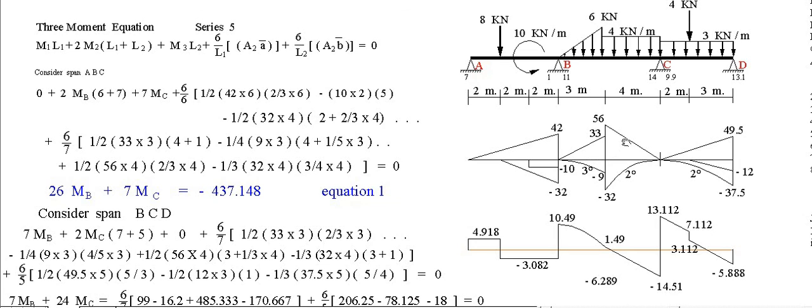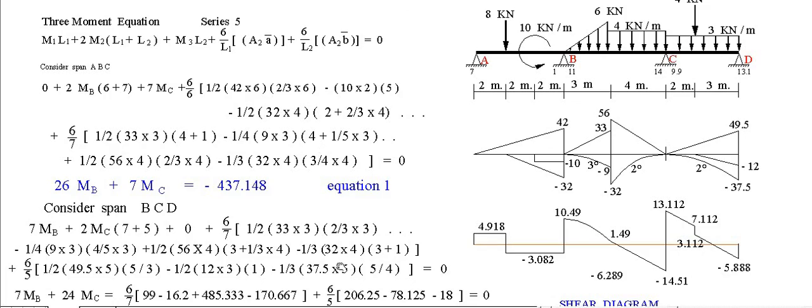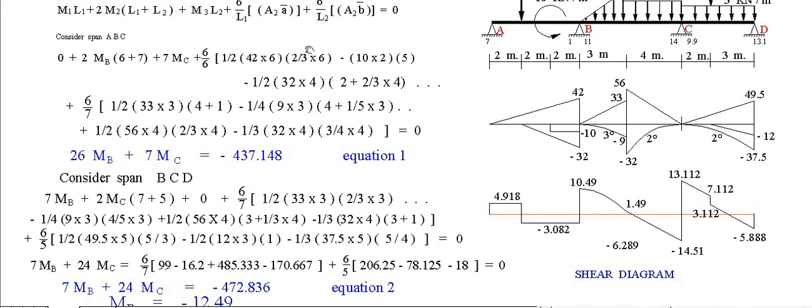Then minus 1/3 of 32 by 4, distance from B is 3 plus 1/4 of 4 or 1. Then the second span, plus, still plus.